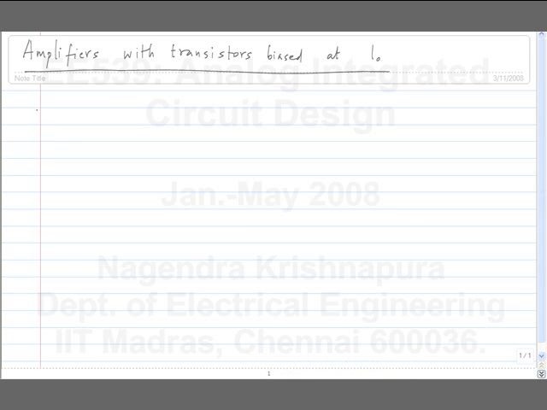We have 4 types of biasing, and including the replication of VGS, we have another technique to reproduce the current. So this is the first one, where we sense the current at the drain and feed it back to the gate.